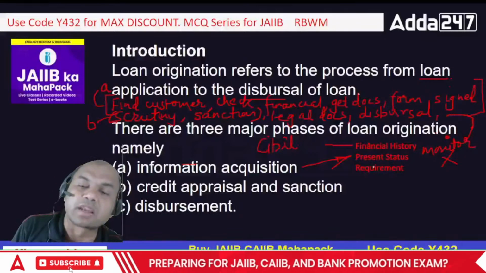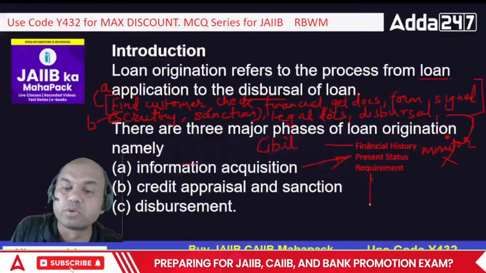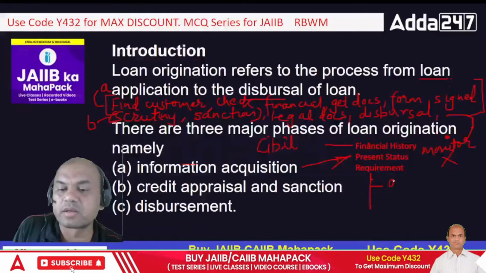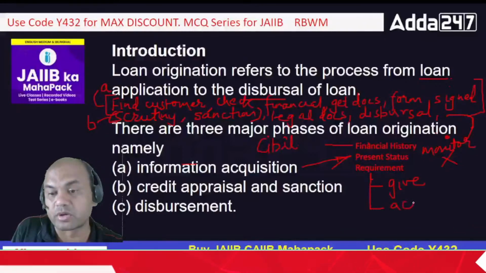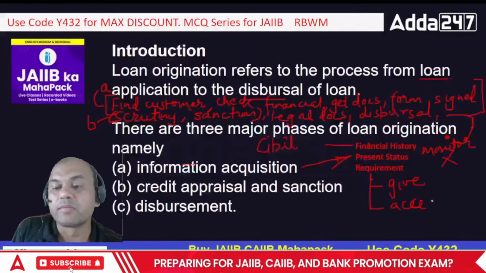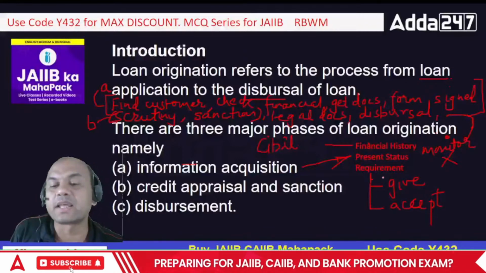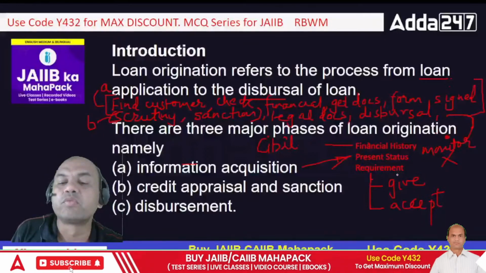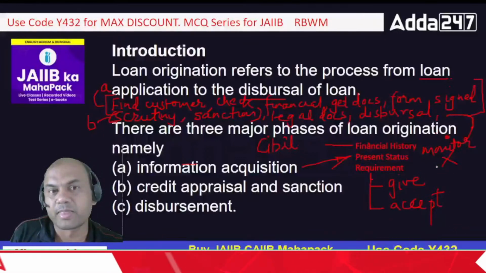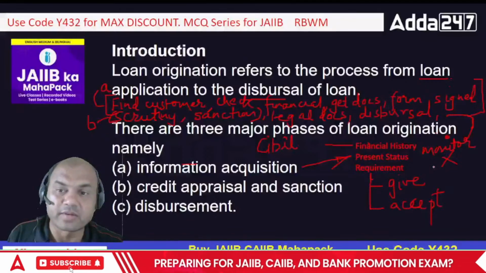Remember, there are 2 amounts always. One which you can give, okay, and second which customer can accept. These 2 are very important, okay, because what happens, if I can give a higher amount, see, your banker generally tries to force the higher amount. Why? Because loan disbursement is better.